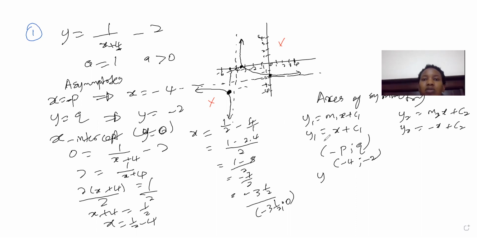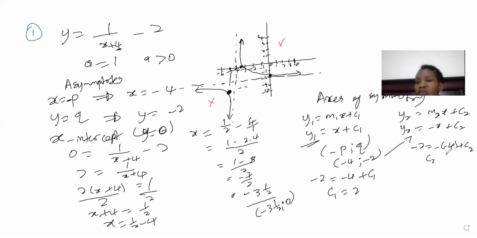So the first one will be, if we substitute in there, -2 is equal to x, which is -4 plus c1. Therefore, c1 is going to be +2. Then if we put it in that one, we're going to have -2 is equal to negative into -4 plus c2.